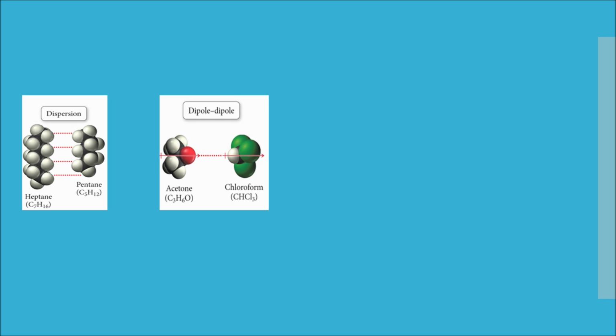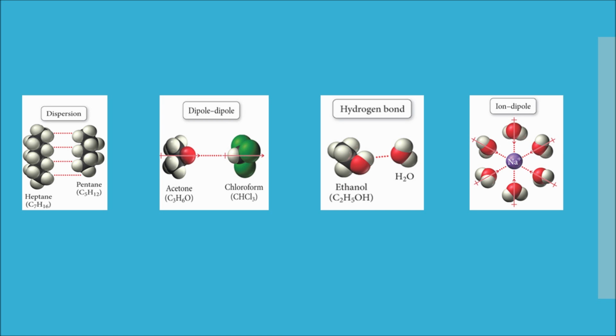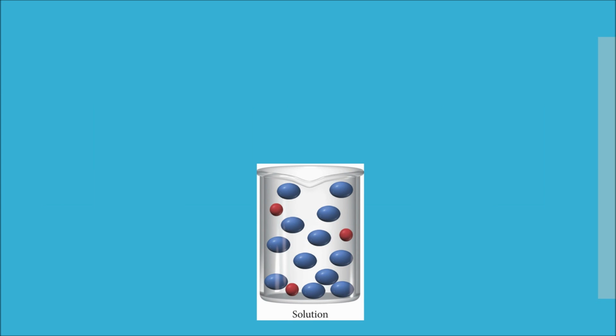There are dispersion forces, dipole-dipole interactions, hydrogen bonds, and ion-dipole interactions that a solution must overcome in order for it to be soluble. As we go through, we're going to look at what it takes for solubility to take place.